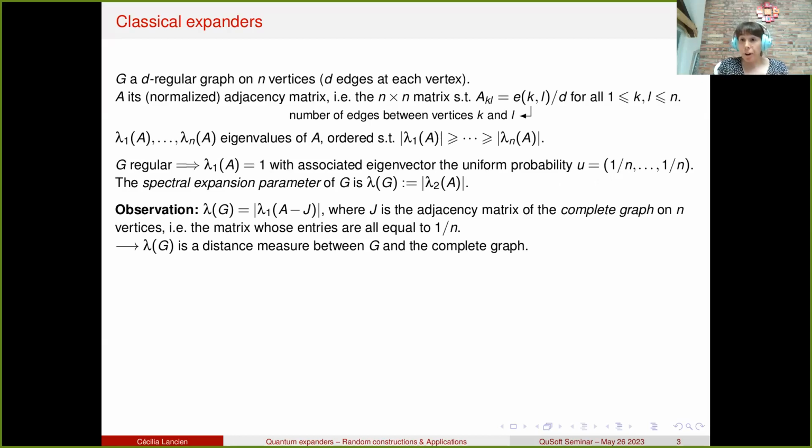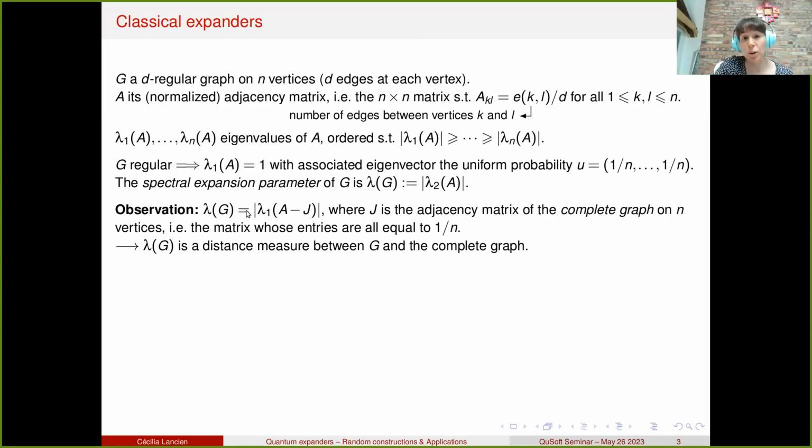Now, what I will define as being the spectral expansion parameter of my graph G is simply going to be the second largest eigenvalue of this adjacency matrix A. Maybe one very easy observation that will help us understand what this second largest eigenvalue of A quantifies is to see that it quantifies a distance between our graph G and the complete graph on n vertices.